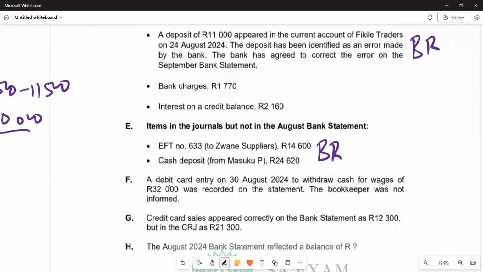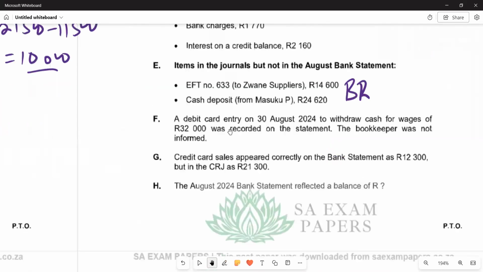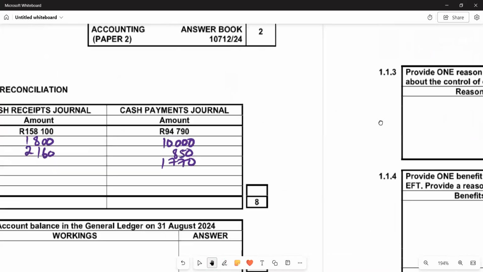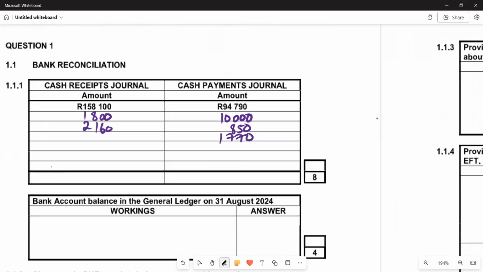So it means what is being debited is the bank statement, which whenever we're debiting, it's a payment that is taking place. Money is going out of the business. So 32,000 should be updated in our journals under payments. So we've got 32,000 that we can go ahead and update. So we are saying 32.